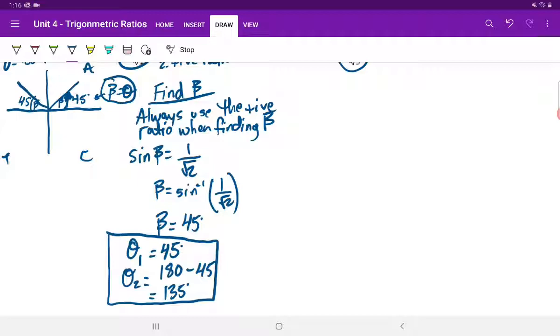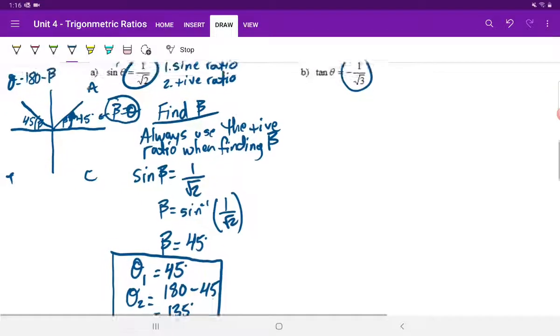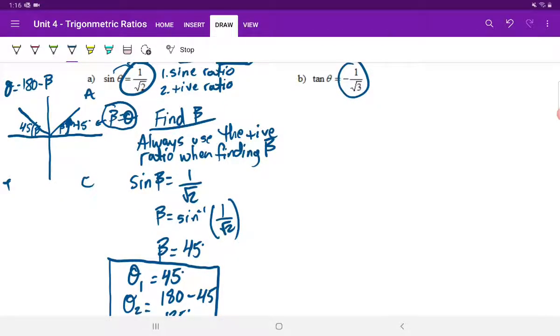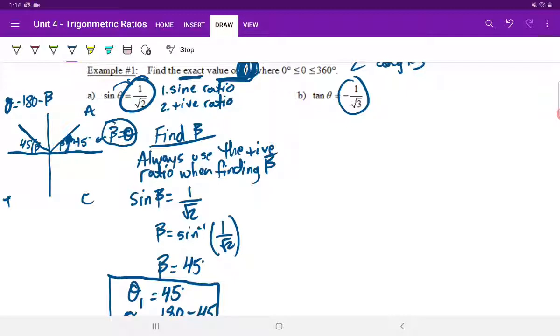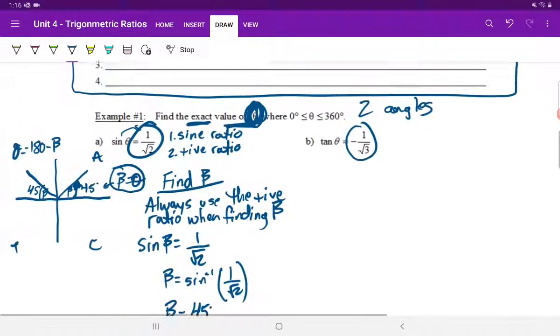So there's quite a few steps that we did. Let's summarize what we did here. We started by drawing a diagram.